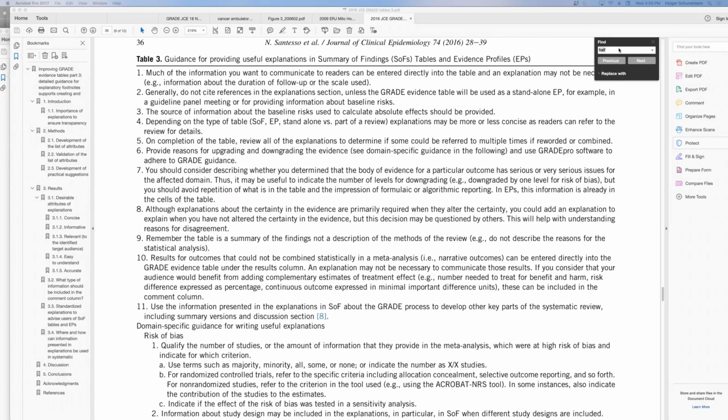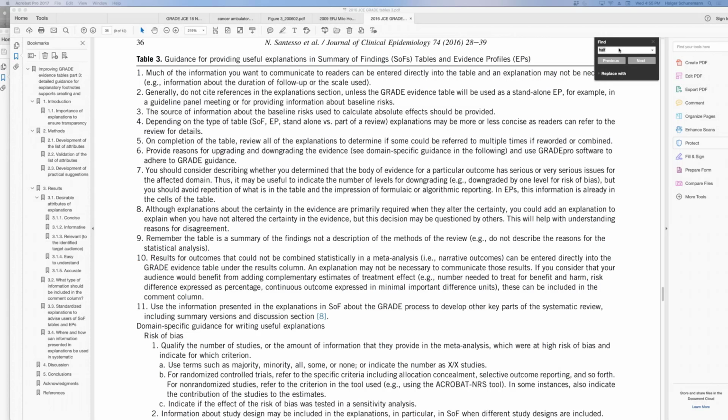And that may be particularly relevant for rare harms where you still want to provide that information. So again, the brief guidance is, if you end up with very low certainty or low certainty of the evidence from randomized controlled trials, looking for observational studies may be particularly useful, in particular because it may inform you about information that you don't have from randomized trials.